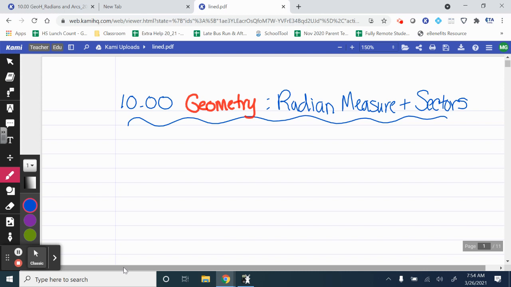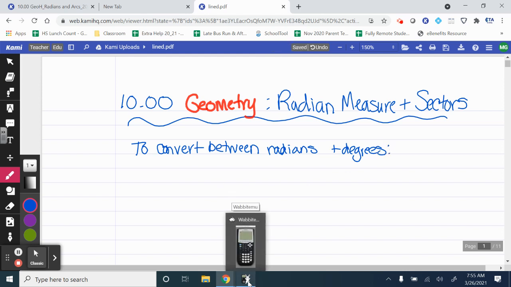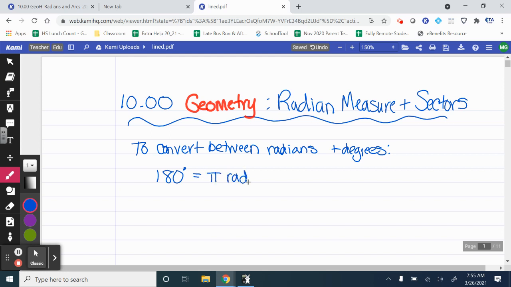So how you're going to convert between radians and degrees, you're going to use the same proportion, whether you're going from radians to degrees or degrees to radians. We know that 180 degrees is equal to pi radians. So that's not the proportion, but that's why the proportion works.